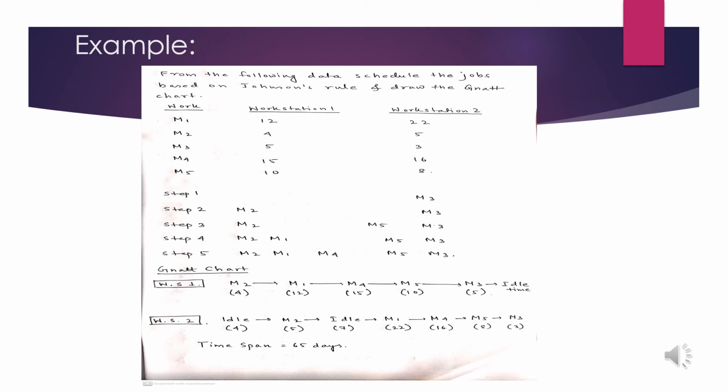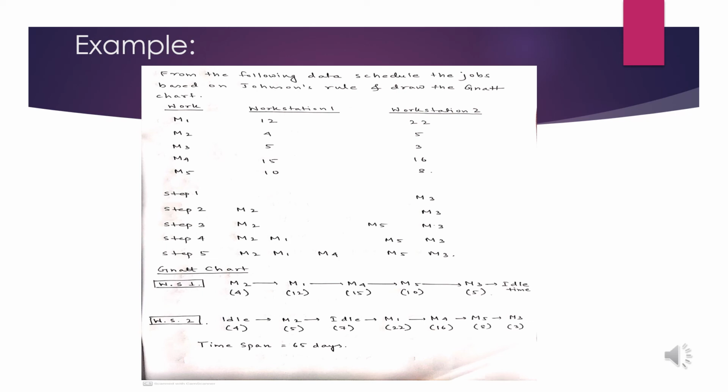Now Johnson's rule tells us that if we follow this particular scheduling under workstation 1, we can generally put the idle time or any kind of slack that is there in the operation at the end of the period.